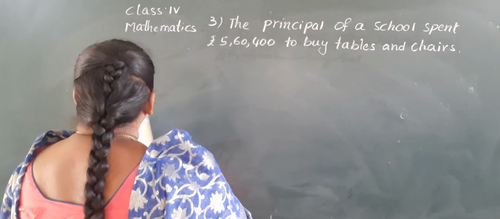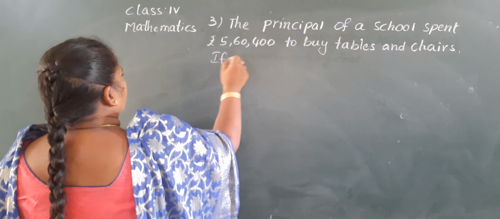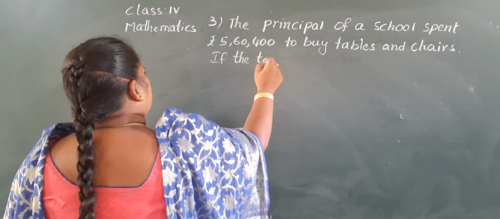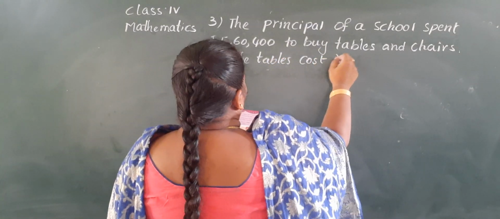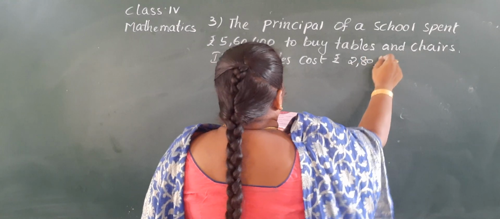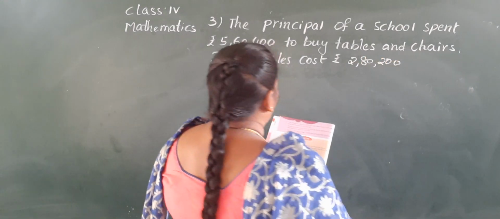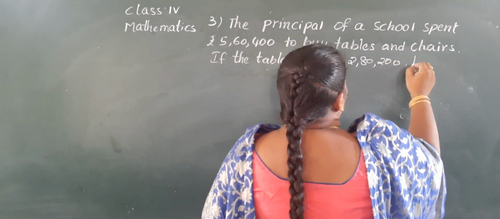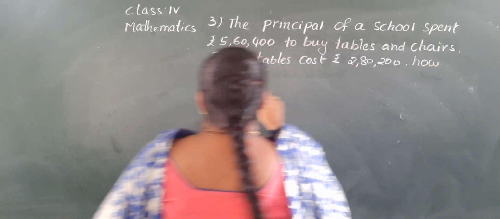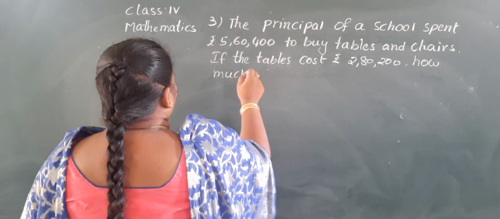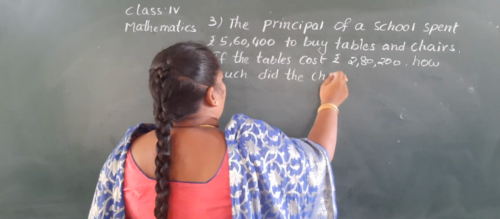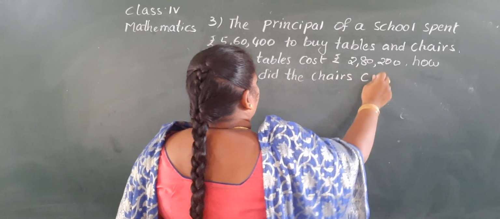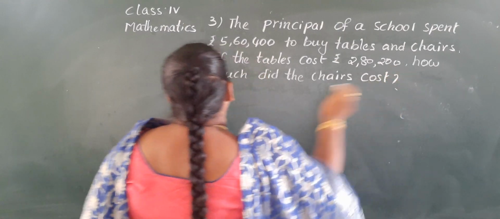If the tables cost 2,80,200 rupees, how much did the chairs cost? This is the problem, Nana.